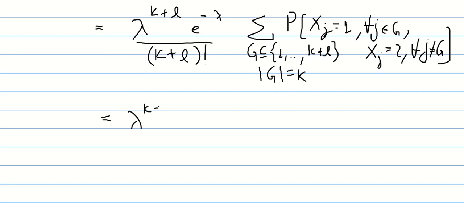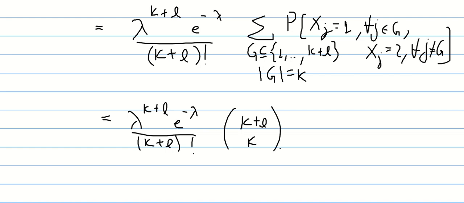So I'm just repeating this. And here we have x's which are IID, so this grouping doesn't matter. What matters is the number of such choices. So we're essentially taking k plus L and choosing k of them.